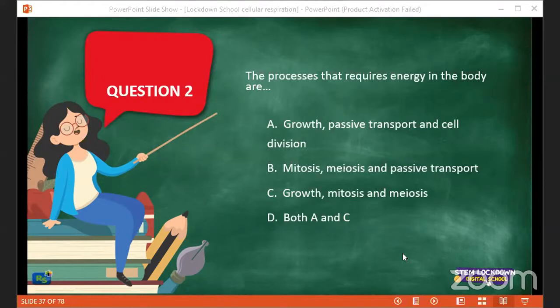Do we all understand? To all those who say both A and C, do you guys understand why the answer is not D? Awesome. Okay. Cool. And I think we have a last question.